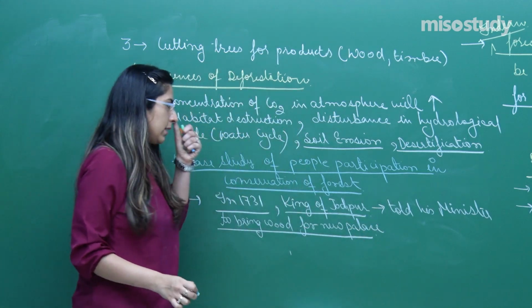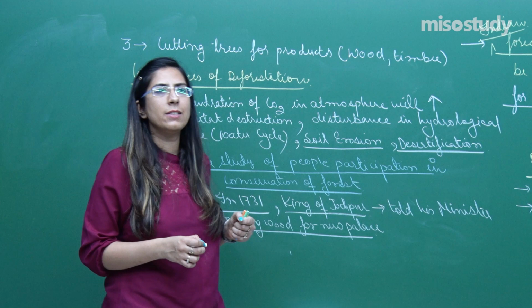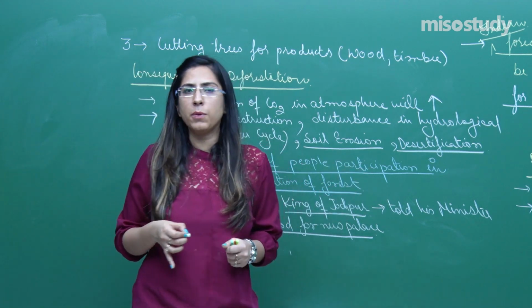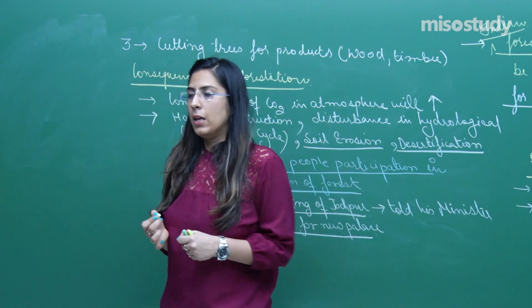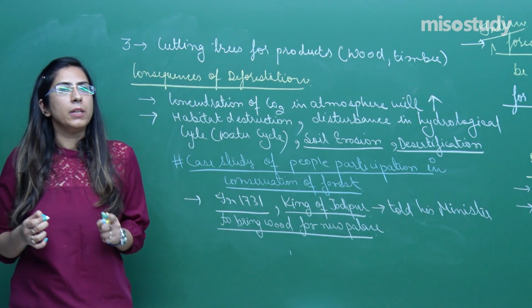So the minister, along with certain soldiers, went to the forest, to the area where the Bishnoi were living. There was one woman out there, and the name of that woman was Amrita Devi.